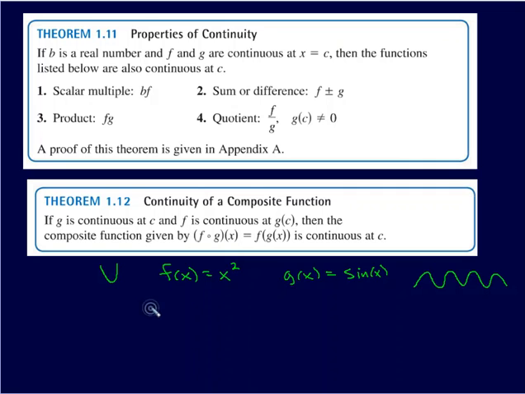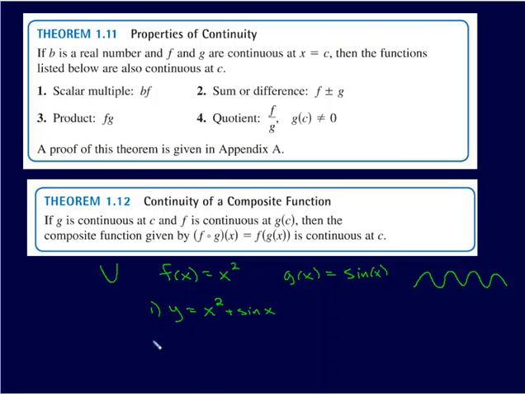So in a couple instances here, what if I combine these by adding and made a function like x squared plus sine x? The theorem here says if I add, or subtract two continuous functions, it makes another continuous function. That's item number 2.